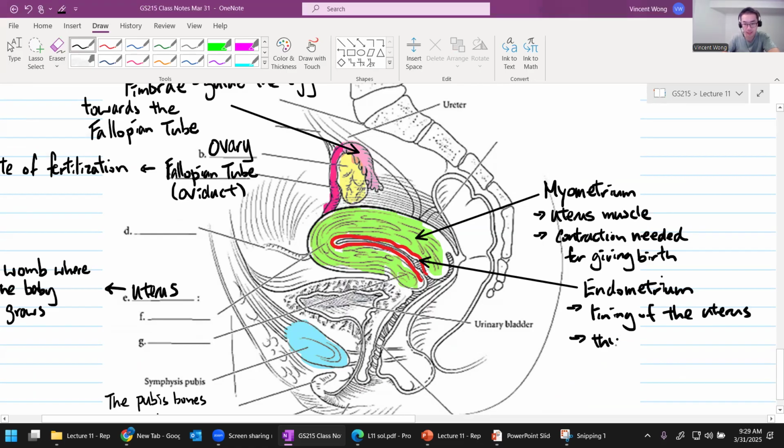The thickness is under the influence of estrogen and progesterone.